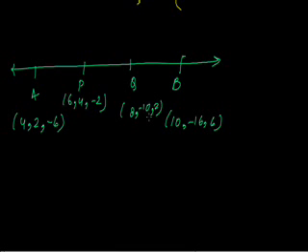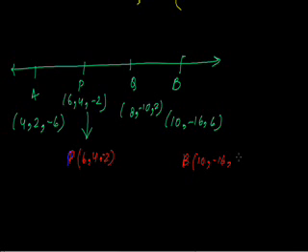There is one more method through which we can calculate the value of Q, because initially we had already calculated the coordinates of P, that was 6, 4, -2, and for B we had 10, -16, 6.